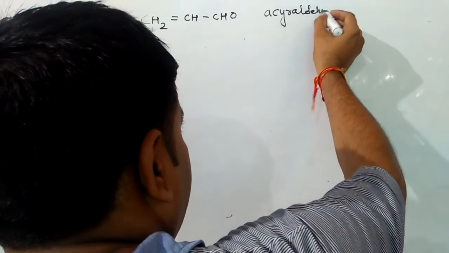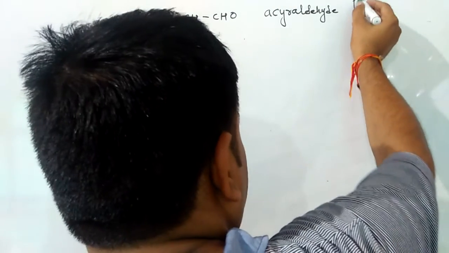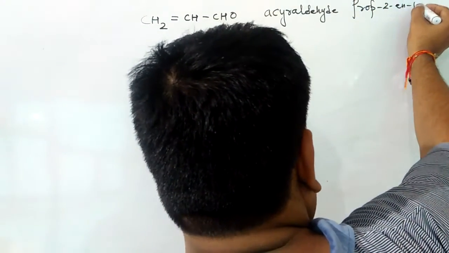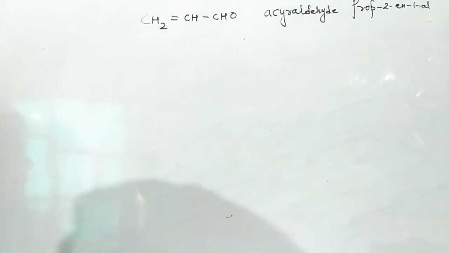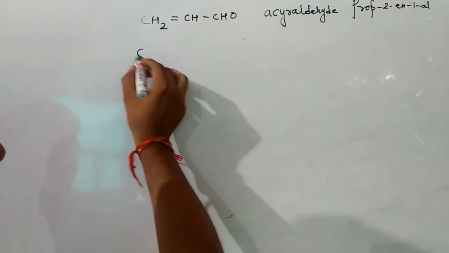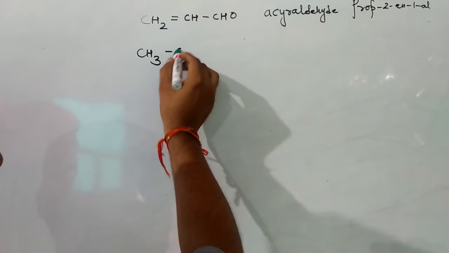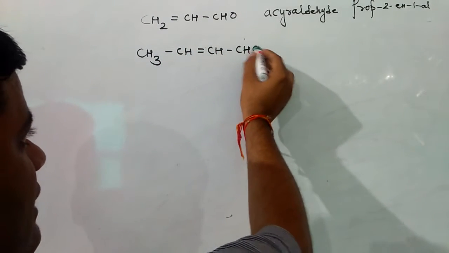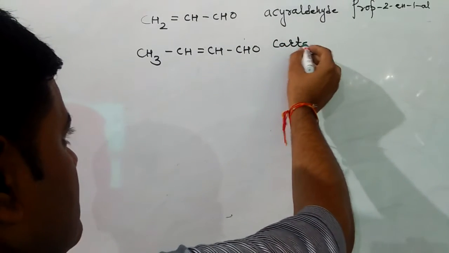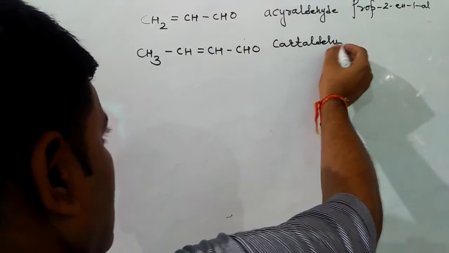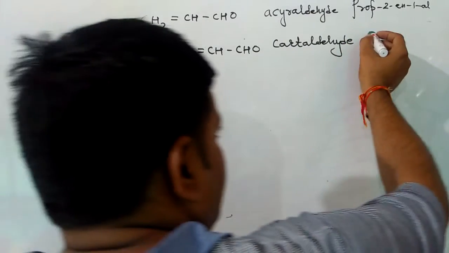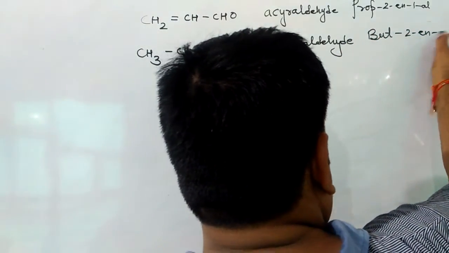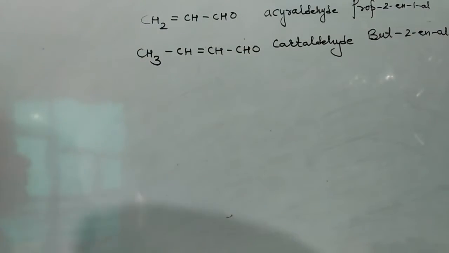Common name is acrylaldehyde, IUPAC name is prop-2-en-1-al. Next one is crotonaldehyde, CH3CH double bond CH CHO. Common name is crotonaldehyde, and IUPAC name will be but-2-en-1-al.